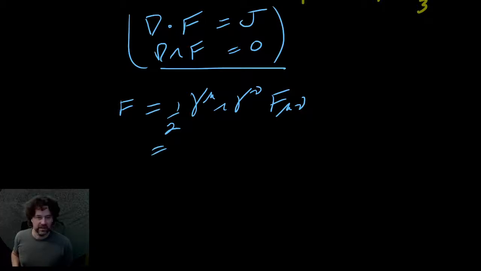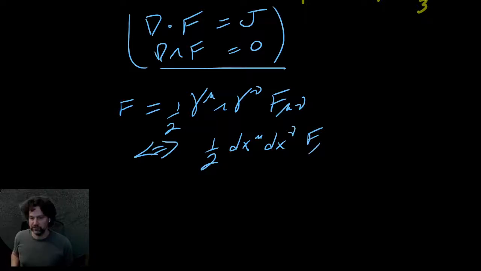And we can, right away, just write this as a differential form: dx^mu dx^nu F_mu nu. So here is our representation of our electromagnetic field in differential forms. We just take our reciprocal frame vectors and translate those into differentials.